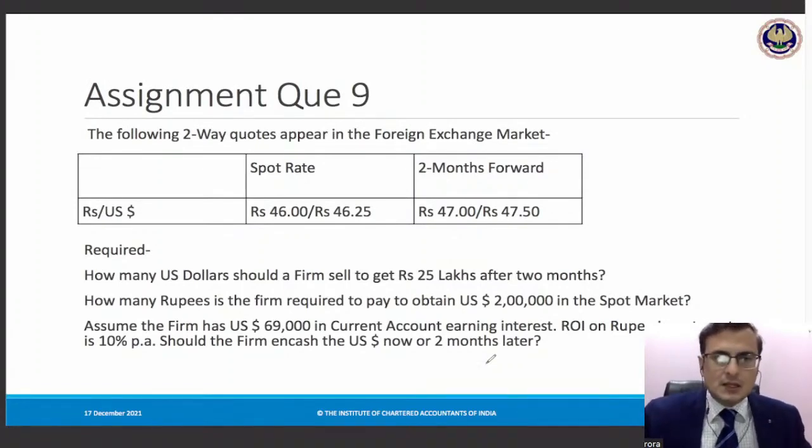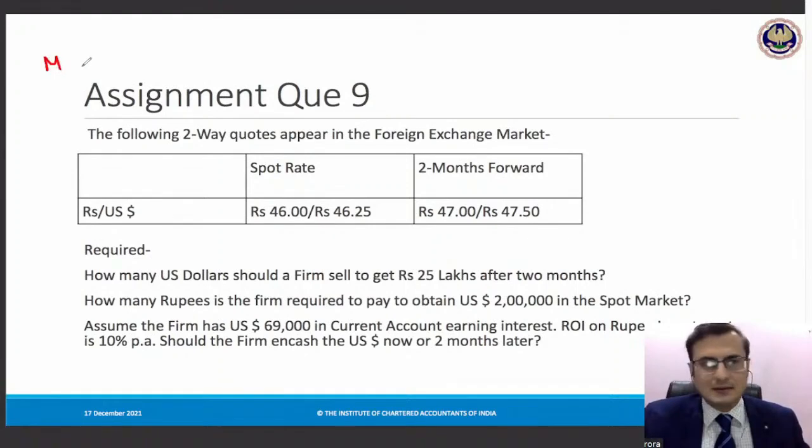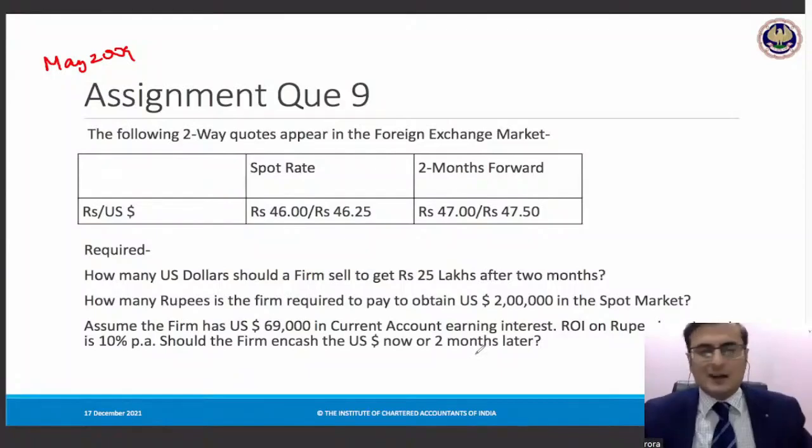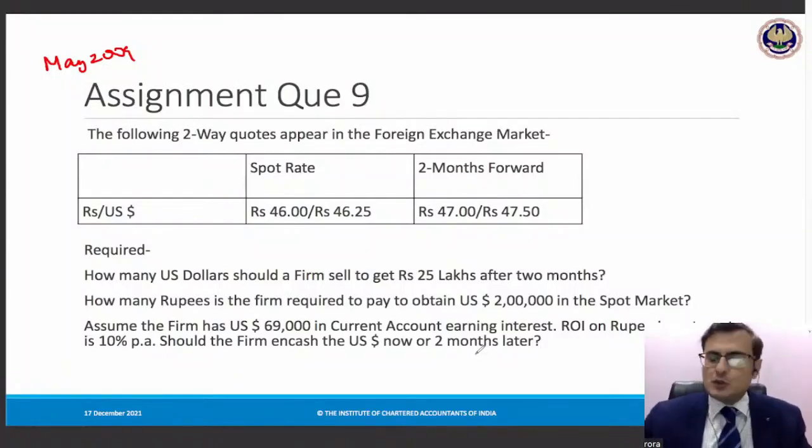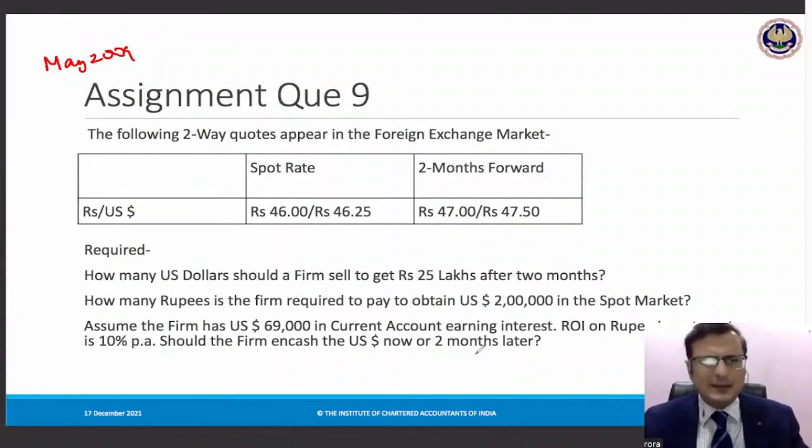See, again, it's a very simple question. And to be very honest, although this question came in May 2009, a lot of students could not perform it properly, although it's a very simple, straightforward question.